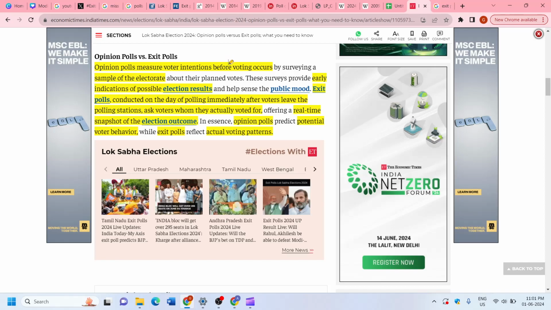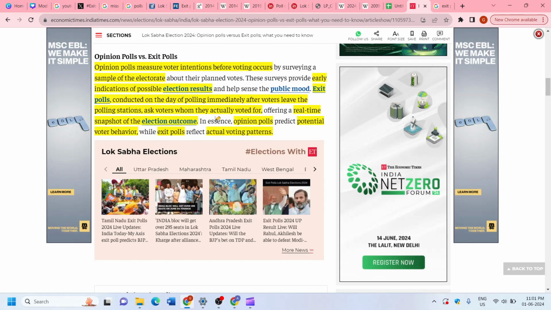First, let's talk about what opinion polls and exit polls are. Opinion polls measure voter intentions before voting occurs by surveying a sample of the electorate. These provide early indications of possible election results. Exit polls, conducted on the day of polling immediately after voters leave the polling stations, ask voters whom they actually voted for, offering a real time snapshot of the election outcome.